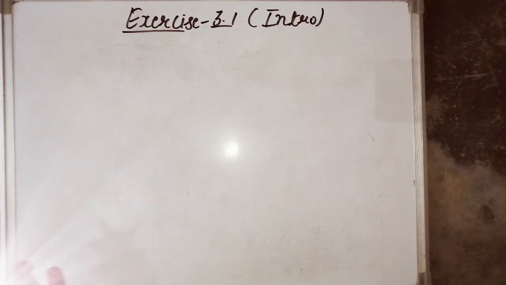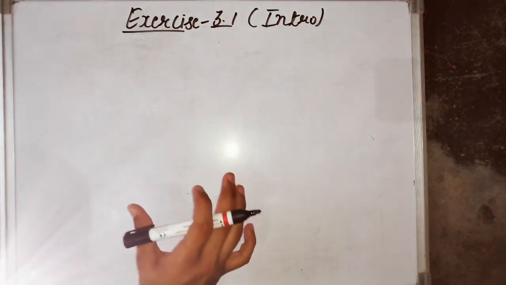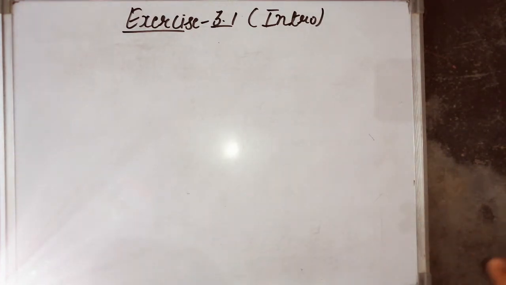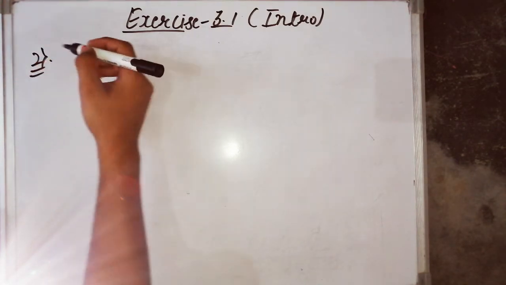Okay students, our second example of exercise 3.1 intro is: if a matrix has 8 elements, what are the possible orders it can have? Let me write down the question.